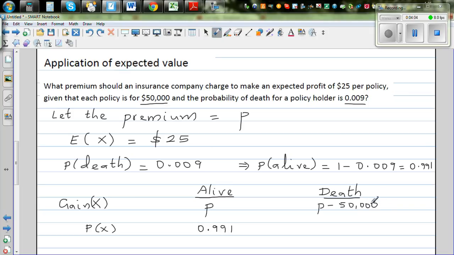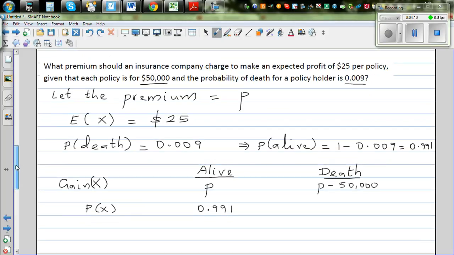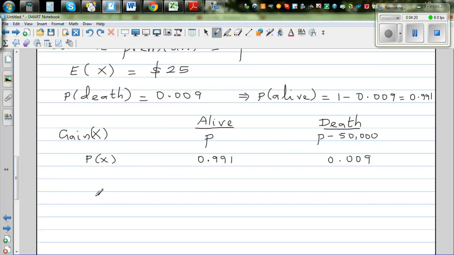They would have received the premium from the person who has died, unfortunately. The probability for that to happen is 0.009.